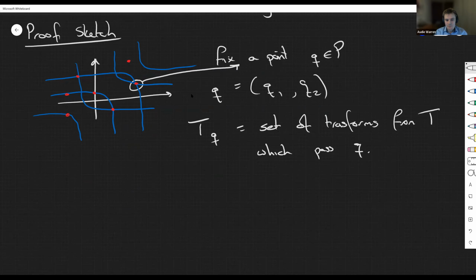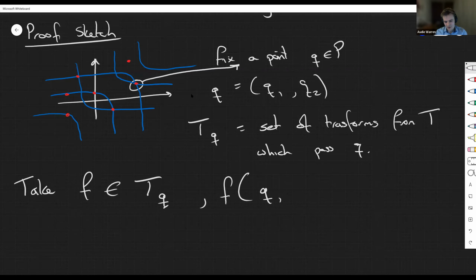So what basic facts do we know about these things? Well, if we take some transform f which is in T_Q, by definition, we know one thing about it. We know that f(Q1) = Q2.